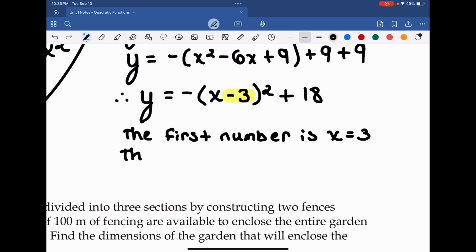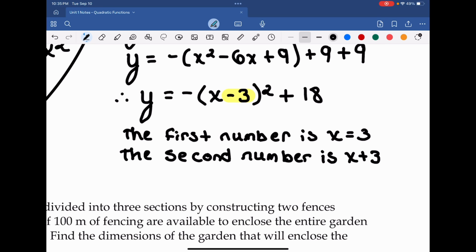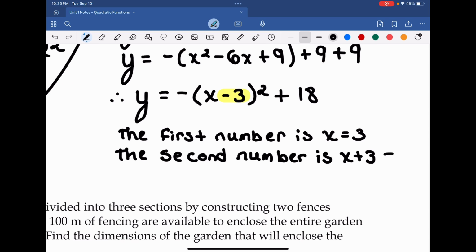The second number is x plus 3, so what is x plus 3? That's 3 plus 3, which is equal to 6. And then they said that if we do that specific format, it would result in a difference of this form.